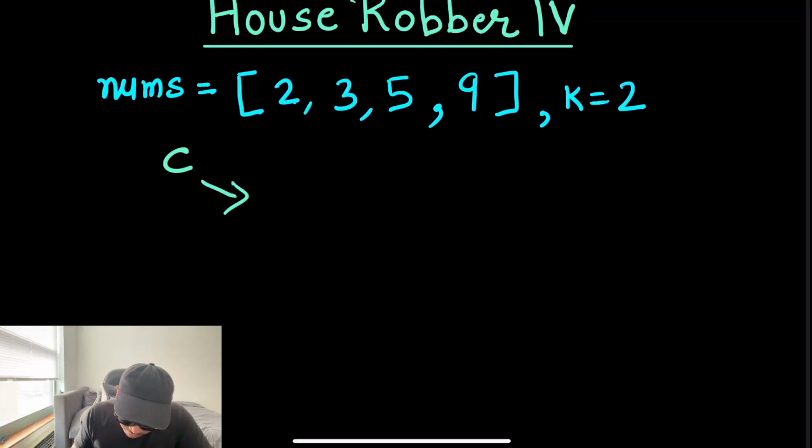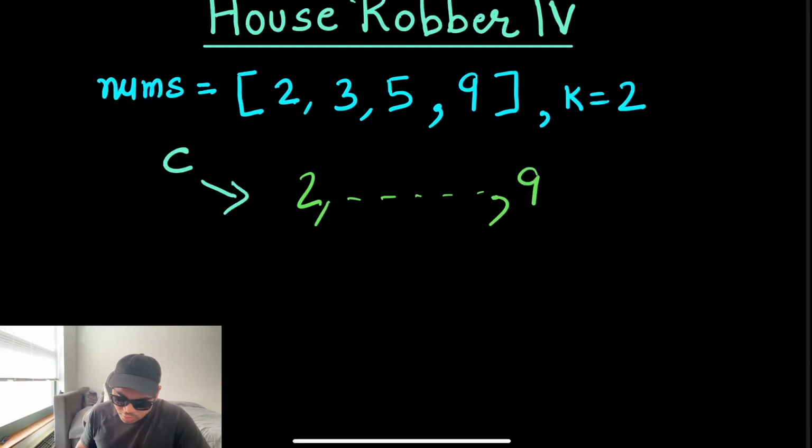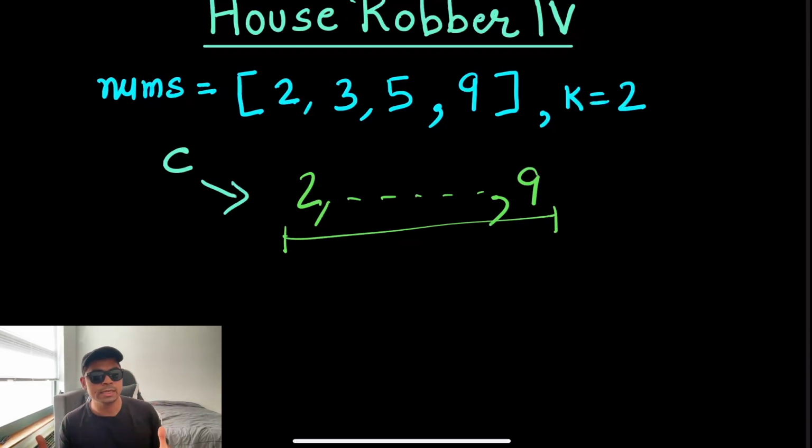The minimum here is 2, and it goes until 9, which is the maximum here. So this is the range of capability that we can have, and we have to return the minimum capability such that when we choose that capability, we are able to find k number of houses that we can steal from, and they are not neighboring houses.